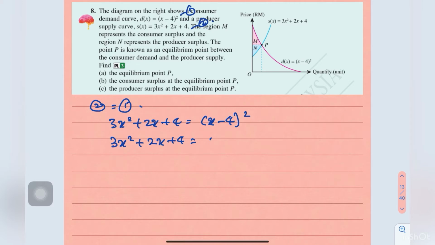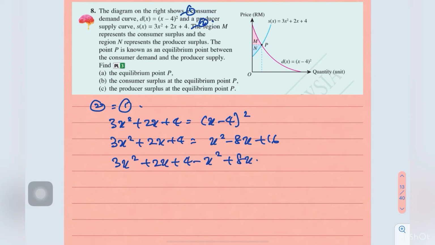This one we expand: x² - 8x + 16. So 3x² + 2x + 4 - x² + 8x - 16 = 0. Then we can simplify: 2x² + 10x - 12 = 0.